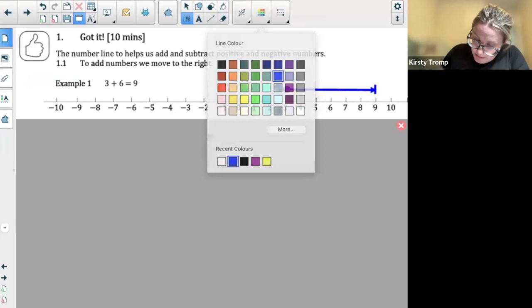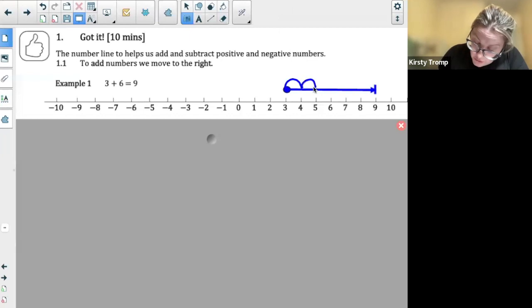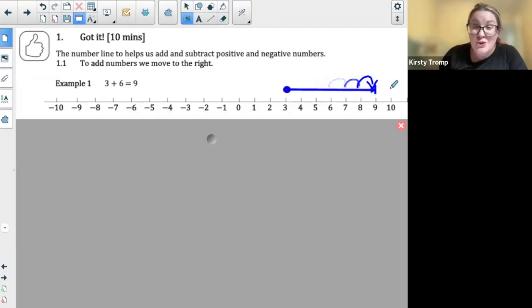You draw your dot on the number 3, and then you use some jumpers. So plus 1, 2, 3, 4, 5, 6, and that takes you to the number 9. So 3 plus 6 gives you 9. Okay, nice and easy, straight out the gates, easy.